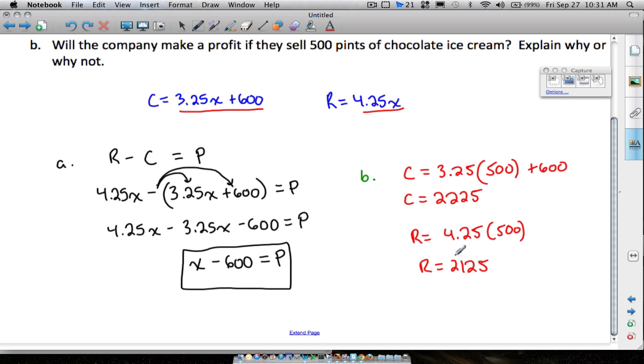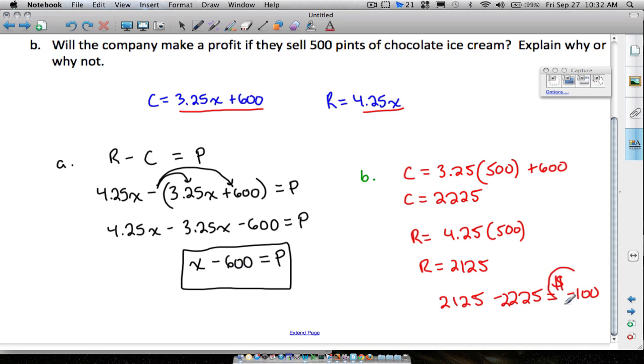If you subtract that, revenue minus cost, that's what I said over here. 2,125, that's the revenue. Subtract the cost, 2,225. That's negative $100. They're not making a profit if they only make 500 pints. Look at that same number pop over here: 500 pints minus 600.